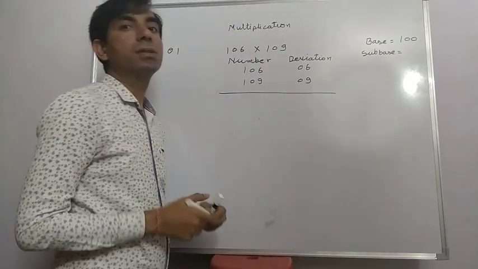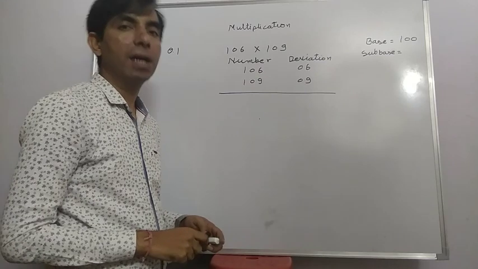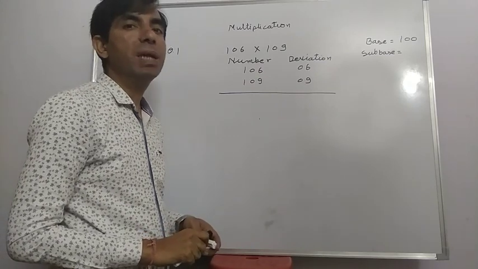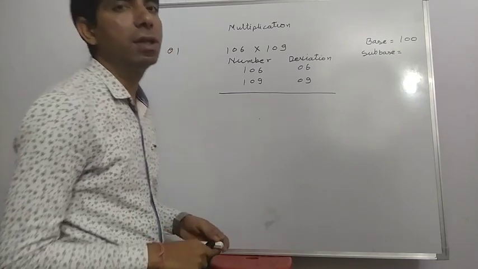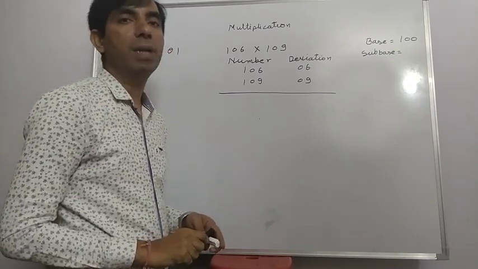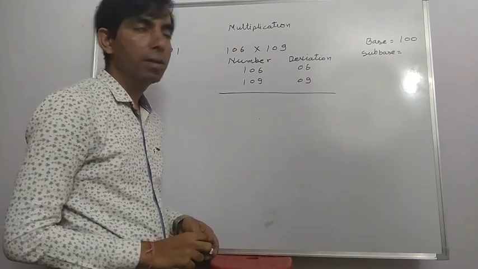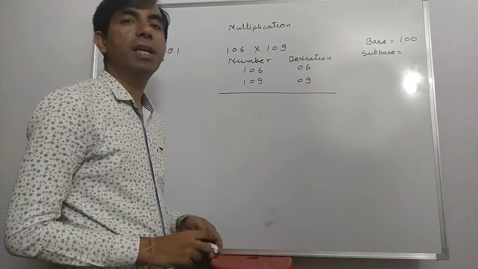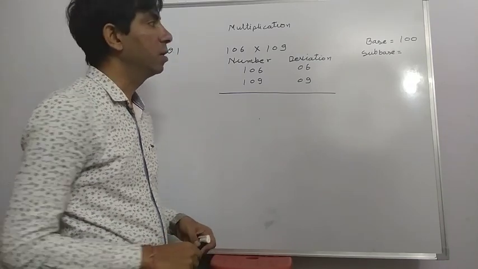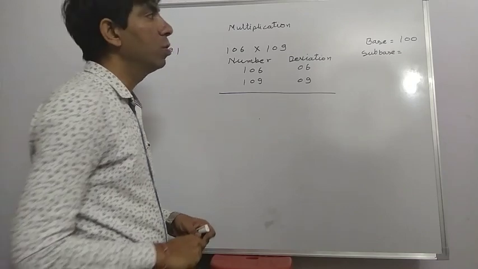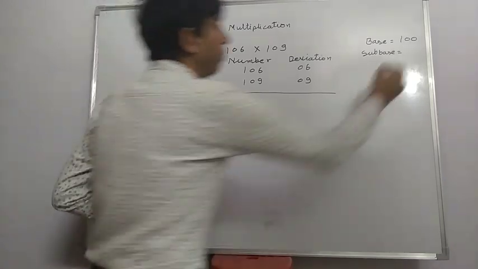Subbase is the digit of the simple number. Again I am repeating that subbase is the digit of the simple number. If it is 40, the digit is 4 and the place value is tens. If we use 300, the digit is 3 and the place value is 100. So the place value is used as the base and the digit is used as the subbase.